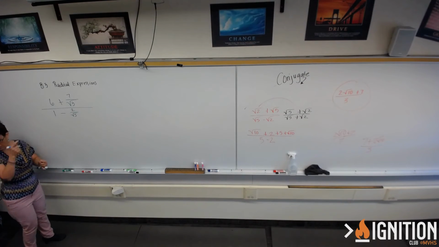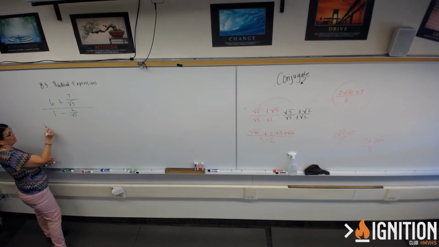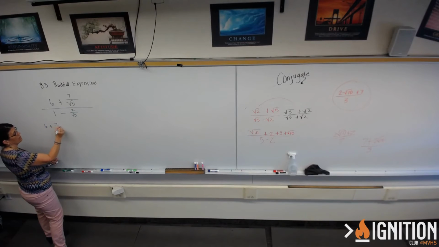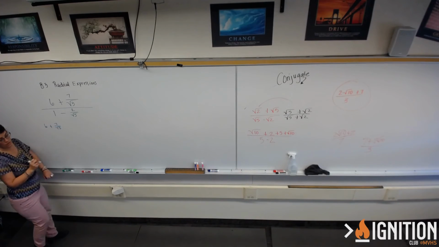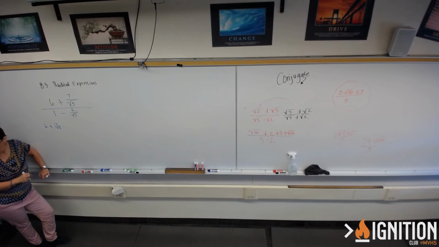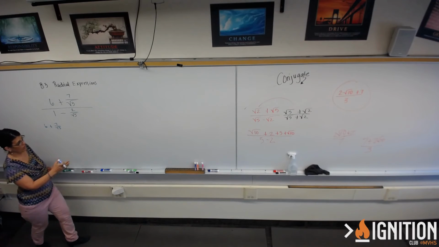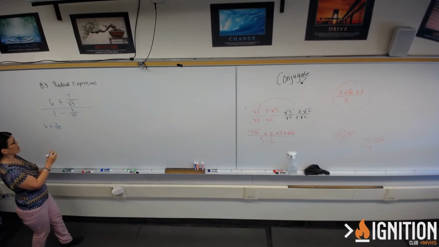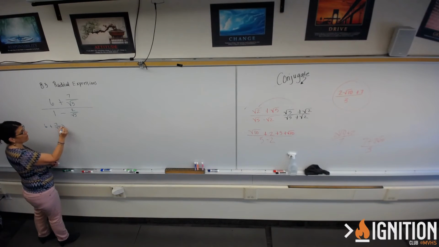Numerator, I'm just going to pull it out to the side. Numerator. Root 3 in the denominator, no can do. How do you get rid of the root 3? Yeah, multiply by root 3 over root 3. Fancy form of 1. Is that allowed?